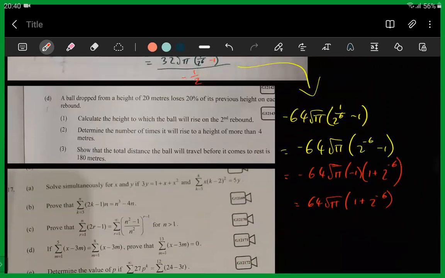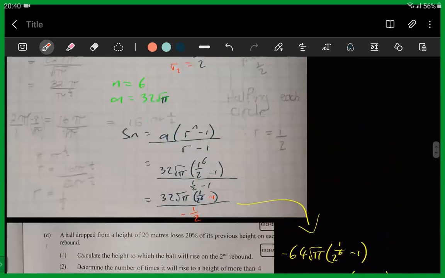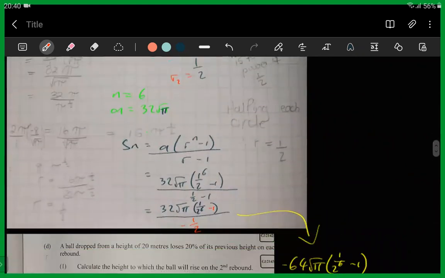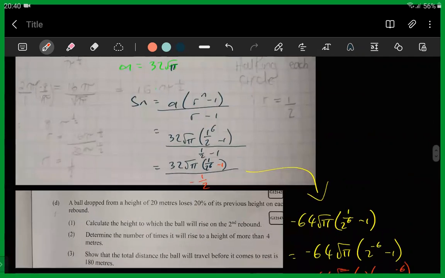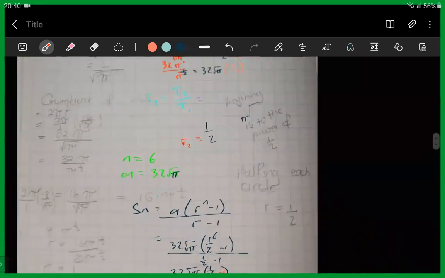Yes, it does. Okay, either there's an error or we have to double check our steps. But judging from the steps, it doesn't look like there's anything wrong. So I would say that's maybe a typo in the textbook, because there's no other way.